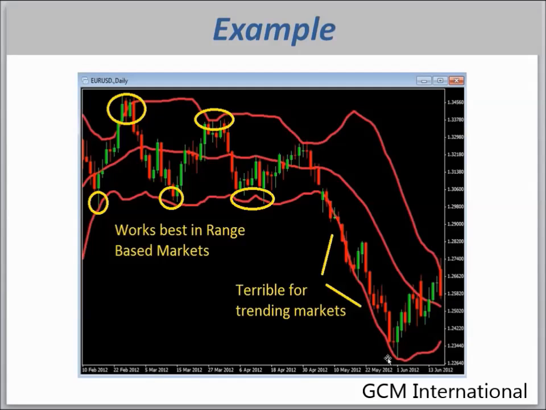Most traders will tell you that Bollinger Bands do best during range-based markets, when markets aren't moving that much and you're stuck in certain ranges. Then Bollinger Bands are awesome. But if there's a lot of news in the market, or a trending market, they will be terrible, as you can see in this chart, where the price stayed oversold for a long period of time.